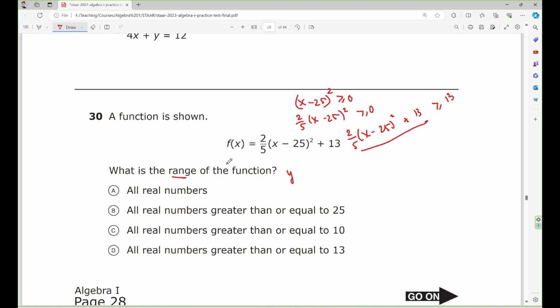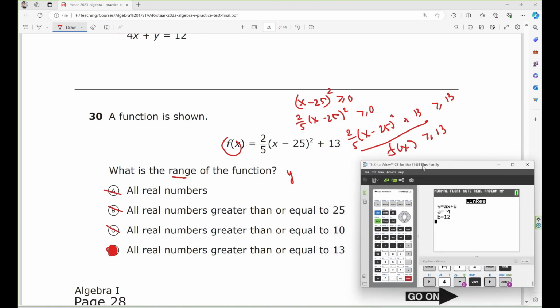Now the left-hand side is actually f of x, so f of x is greater than or equal to 13. So it should be from 13 all the way up, remember, greater than or equal to 13. So the answer must be D. The others are wrong.